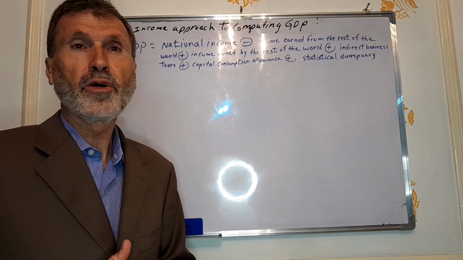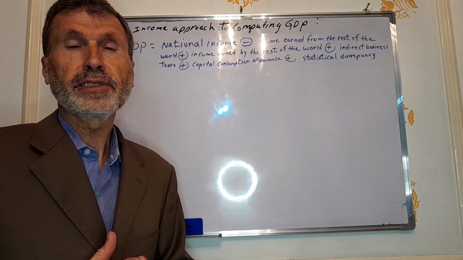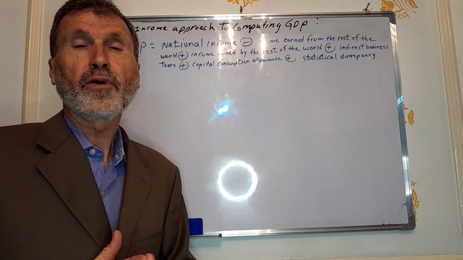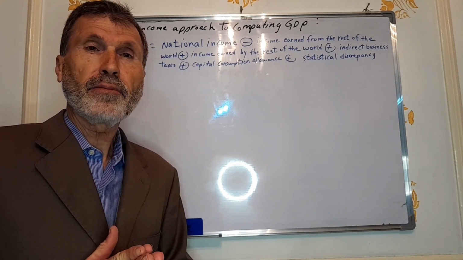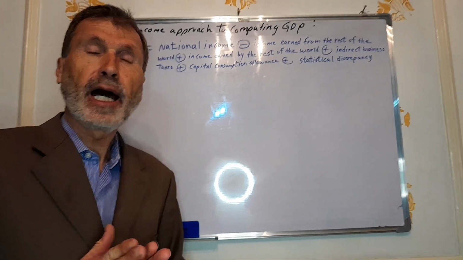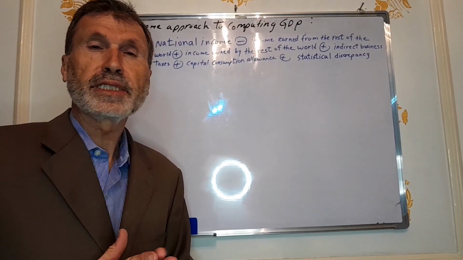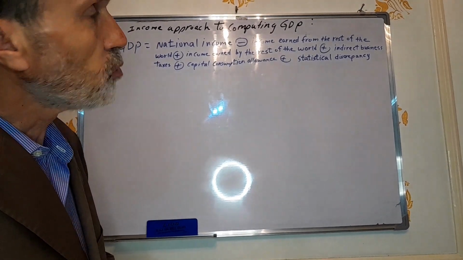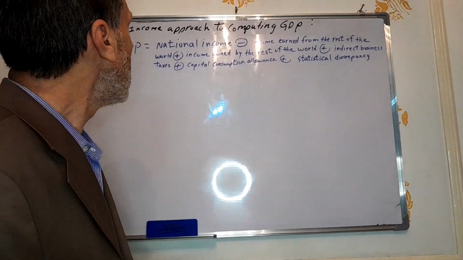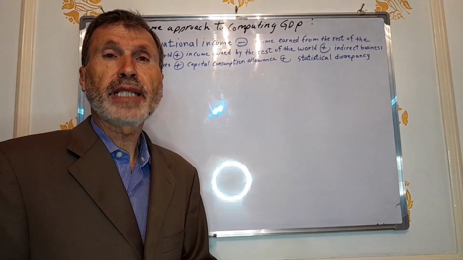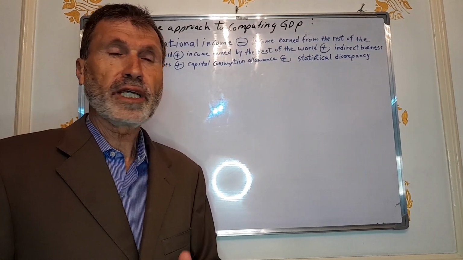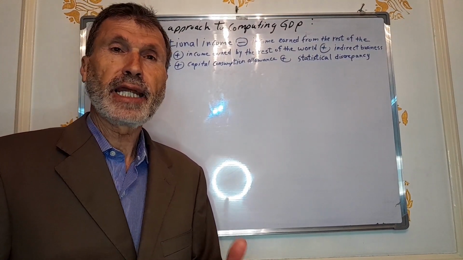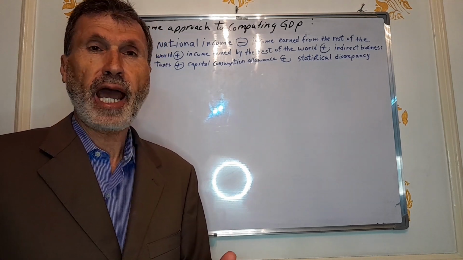This is the income of non-citizens who earn income by producing and selling inside the domestic country. Then, after that, we have to add the indirect business taxes. Indirect business taxes consist of excise taxes, sales taxes, and property taxes.